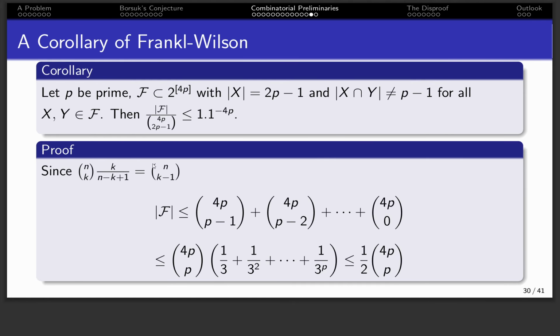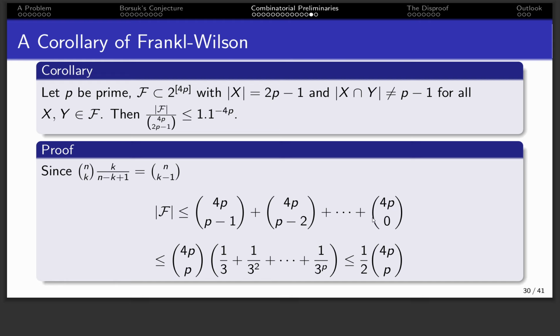Okay, for this proof, we use that n choose k times k divided by n minus k plus 1 is n choose k minus 1. You can work this out pretty simply. And then we have cardinality of f is smaller or equal to 4p choose p minus 1 all the way to 4p choose 0. And then we can apply this and do some bounding. So 4p choose p minus 1, our k here is our p, and then we can approximate all of these terms by 1/3, and then apply this iteratively to get 1/3 squared, and so on, all the way from 4p choose 0 to get to 4p choose p.